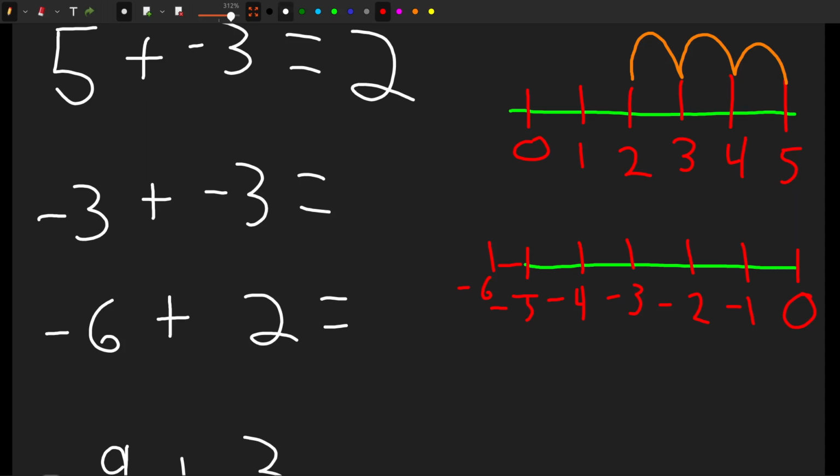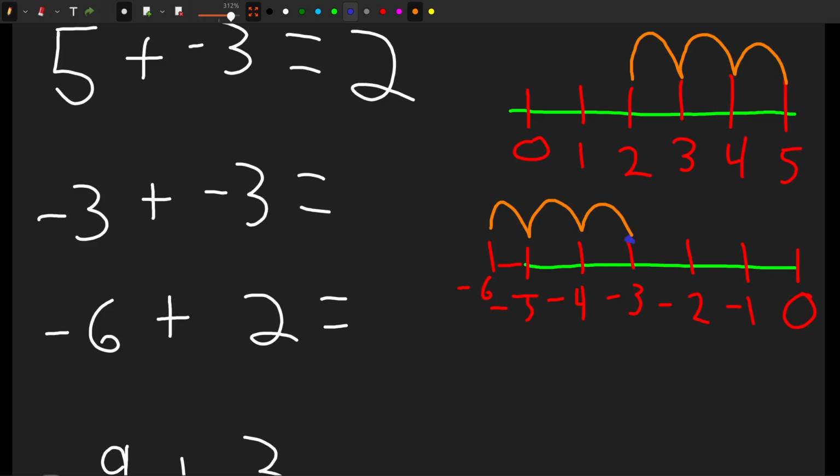We start off by going out 3 spots. So we'll go to negative 3 first, which brings us to this spot. And then now we need to count an additional negative 3 spots. So that would bring us out 1, 2, 3 to negative 6.